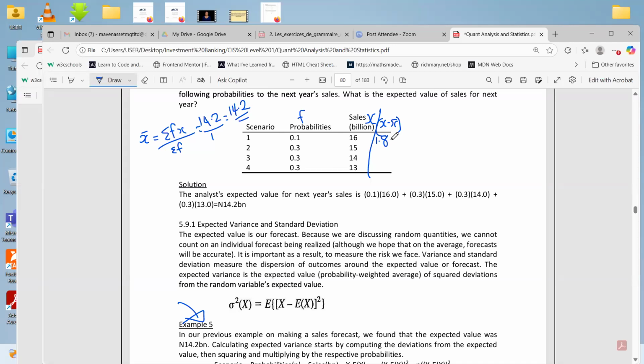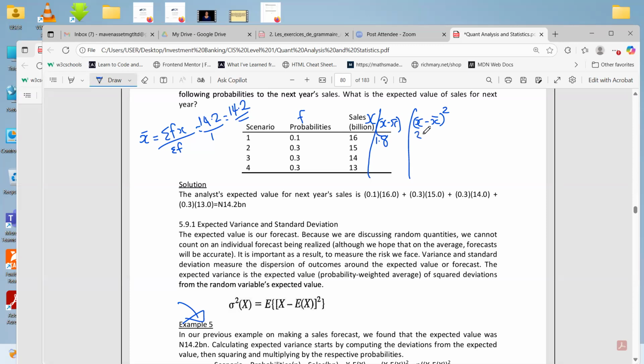Okay, so now that we are done with that, remember we are trying to get our variance and standard deviation. So we have done x minus expected value of x, or the arithmetic mean. So we need to find the square. So can we do that? 1.8 squared, what does that give you? That would be another column, x minus x bar squared. 1.8 squared, what does that give you, please? 3.24.